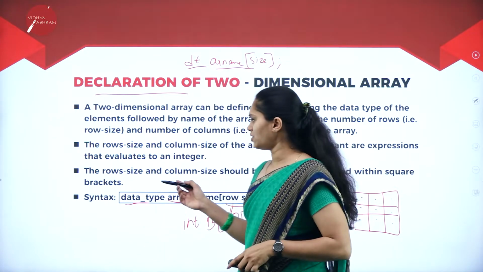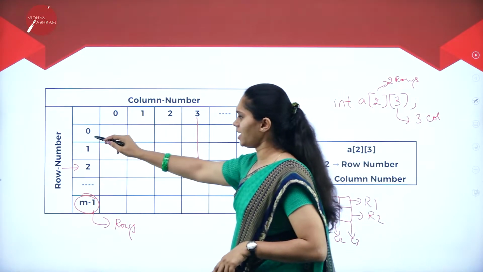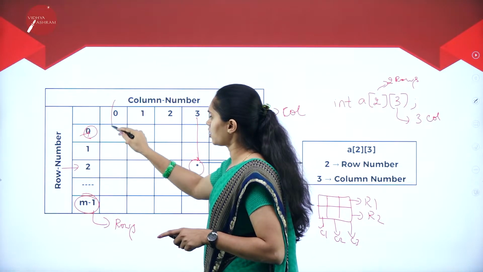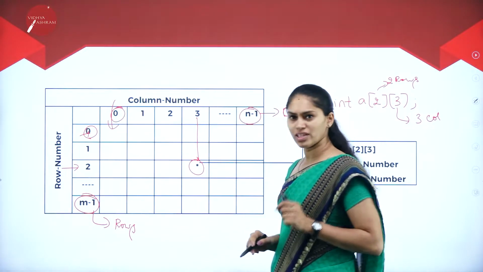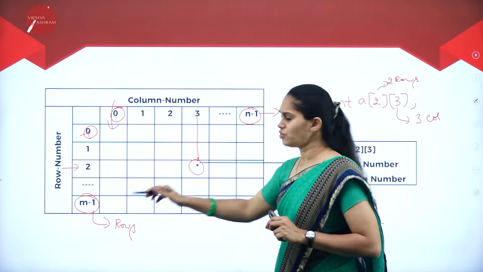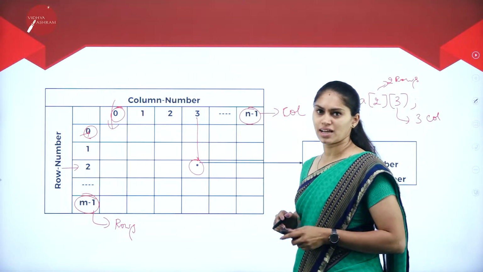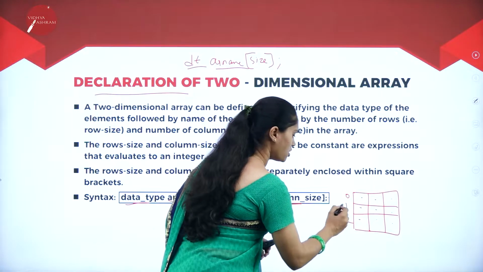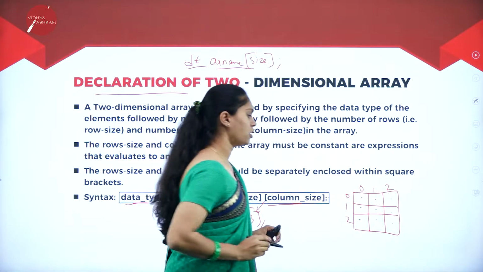As I did for this representation, you can see the location starts with 0 for rows as well as columns. It has to start with 0 and end with m minus 1, that is the maximum size of rows, and n minus 1, the maximum size of columns. So here also it has to be like 0, 1, 2 and 0, 1, 2.